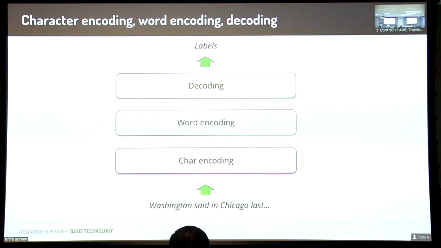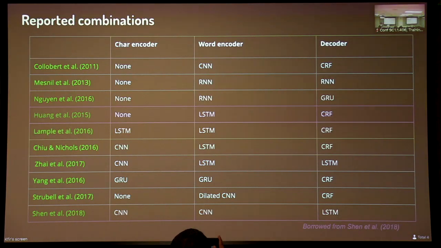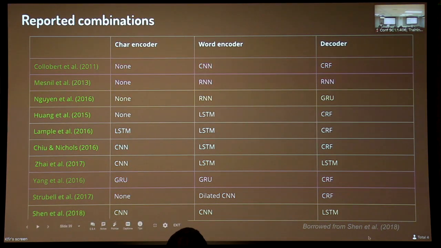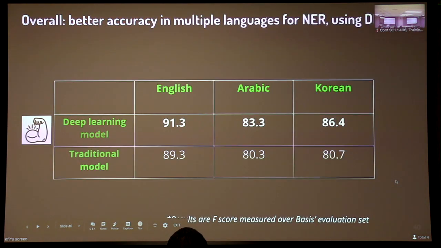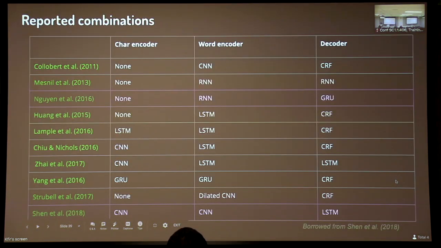So, character encoding. People use different technologies, referring to different questions that I got. If you look at this table that I took from this paper, it summarizes the different technology combinations that people use for the different components.